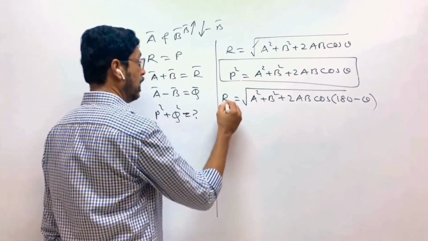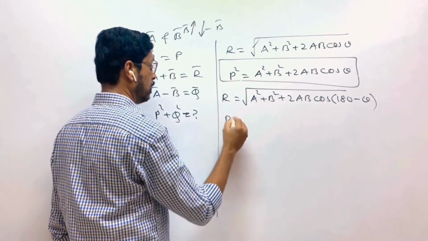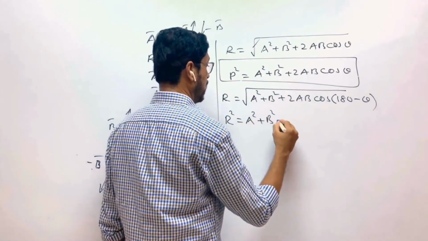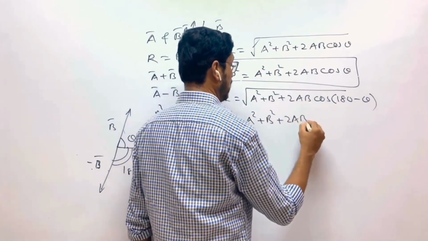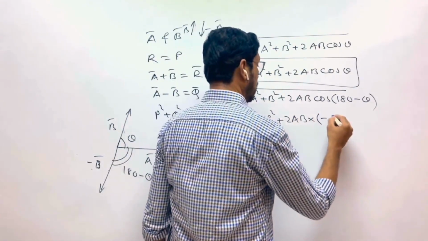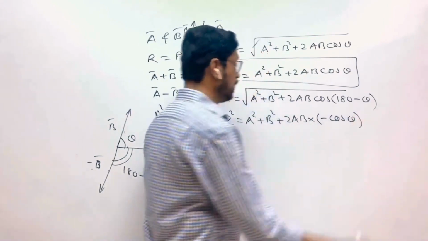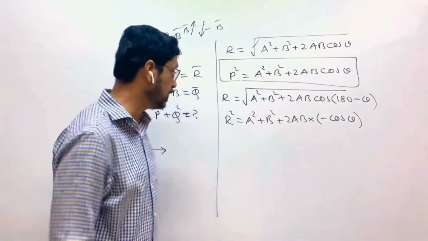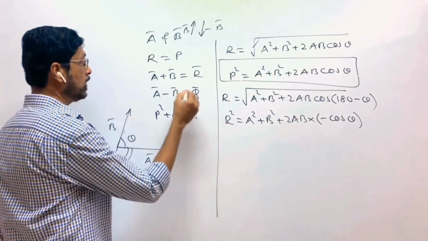So again, R square is equal to A square plus B square plus 2AB into cos 180 minus theta, which is minus cos theta. Cos of 180 minus theta is minus cos theta. Now R is how much?